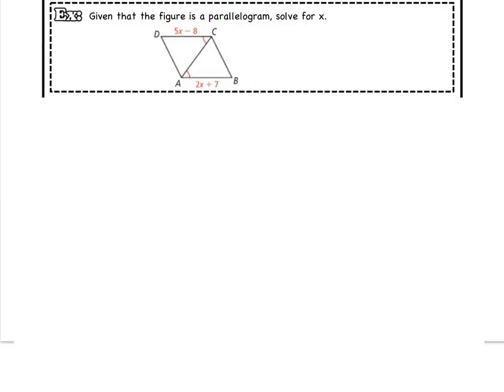All right, so in this next example, given that the figure is a parallelogram, the task is to solve for x. So what is my task? Solve for x. And then what shape is given? I know it's a parallelogram. And then what info is given? So when I look at this, I see that I'm given the length of DC and the length of AB.